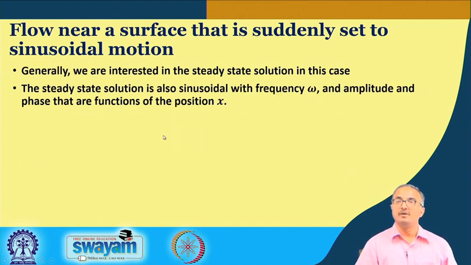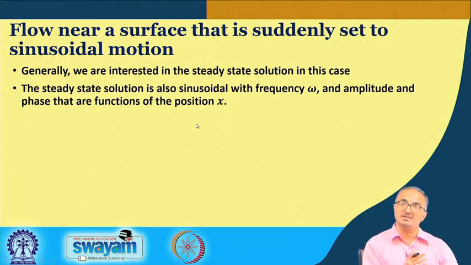Now, generally in this situation we are interested in the steady state solution rather than the transient solution. Even if you do not solve it, we find that the steady state solution will be sinusoidal with frequency omega, and the amplitude and the phase will be functions of x.